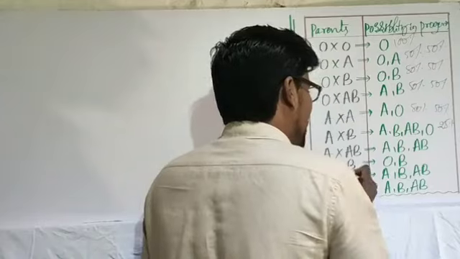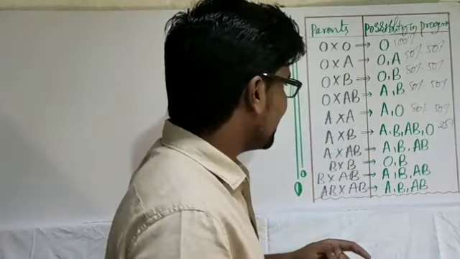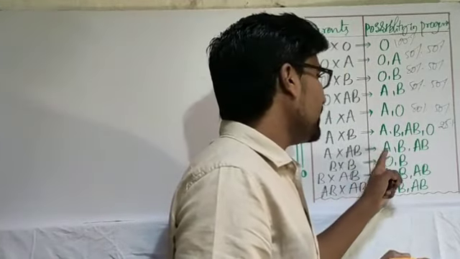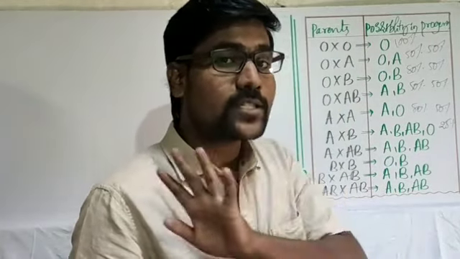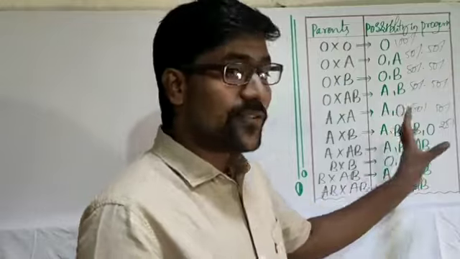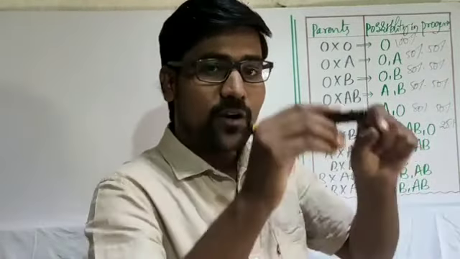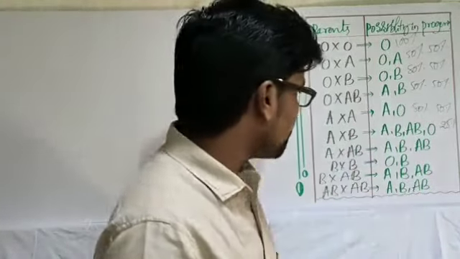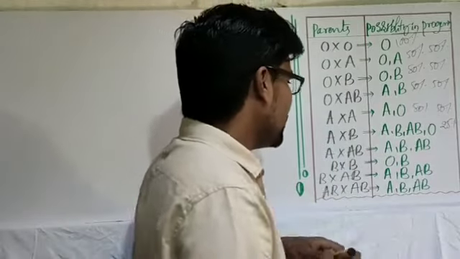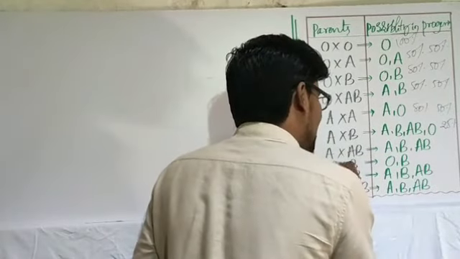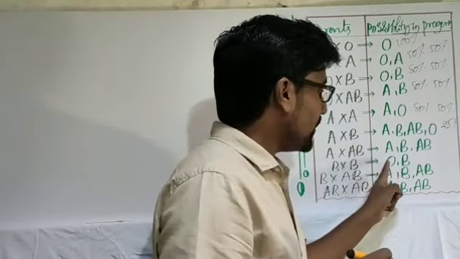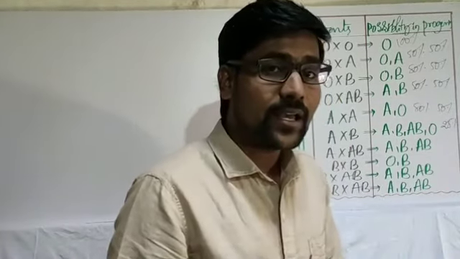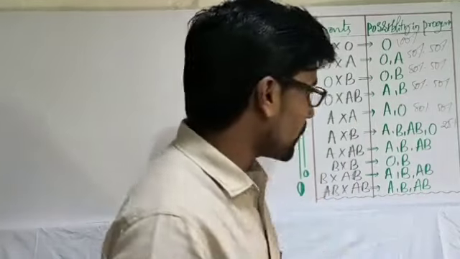If one parent is A and one parent is AB, then we can get A, B and AB. O is not possible. If you want to predict the percentage, we have to cross them, then we will come to know easily. If the parents are B and B blood group and heterozygous, then the possibilities in the child are O and B. A is not possible, AB also not possible.